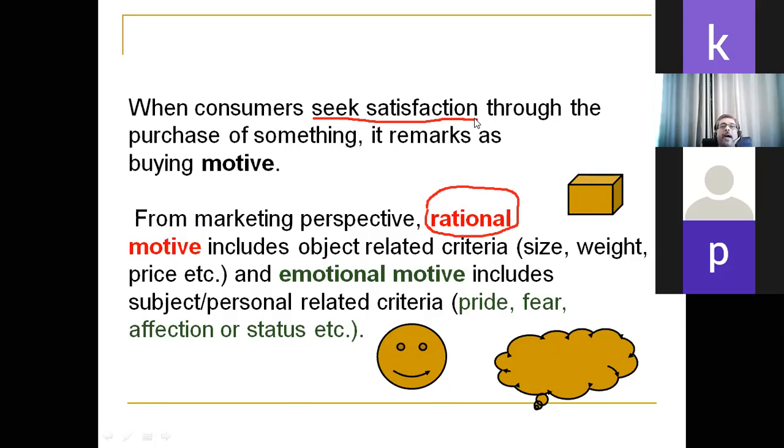I used to buy pets, dogs, not because of pride or fear or status. Affection. I should love dogs. Always I should have dogs at home. So I buy because of affection.